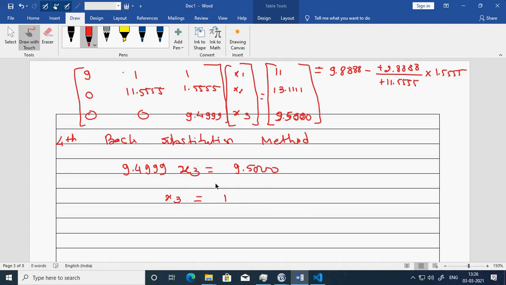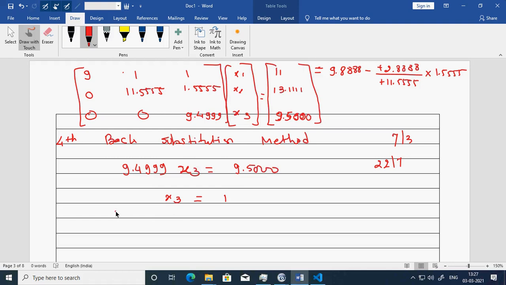The actual value is 1, but we are getting some 0.999 value. Why does this error come? Because we are involving factors like 7 by 3, maybe 22 by 7, which are not completely divisible. Those factors involve truncation and round-off errors, and that causes inaccuracy in the solution. So x3 equal to 1, this is what I got.